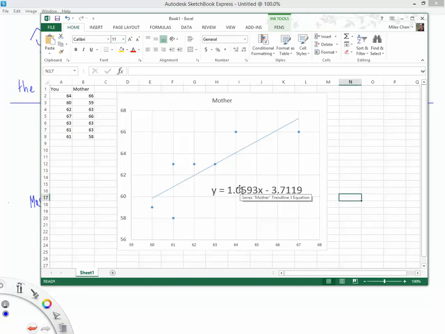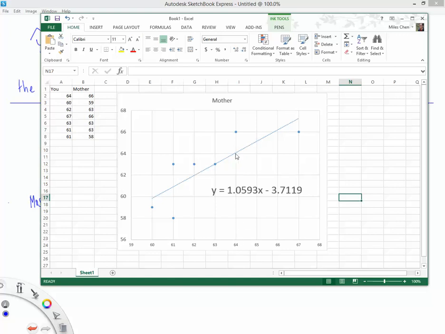Okay, and so the line tells us what we would predict, and it's not always going to be exactly correct, because these are just predictions. So if somebody is 64 inches tall, how tall do we predict? What does the line tell us is the prediction?